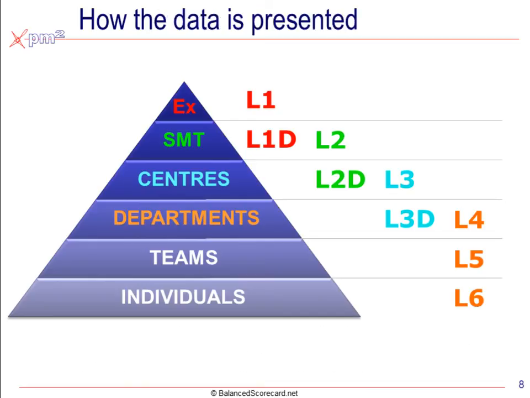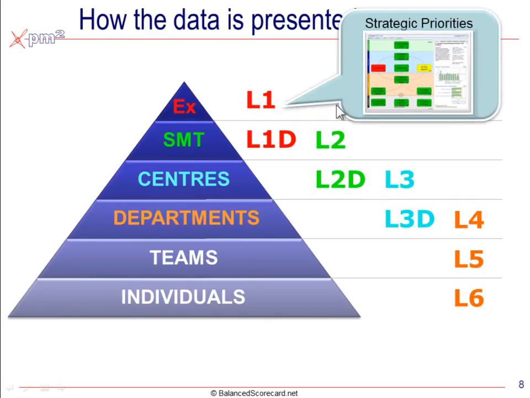The next thing to understand of 2 other principles, one is we now need to present data differently. When I'm looking at an L1 or L2 or L3, not the detail level, but the top level, I'm going to be using a strategy map telling me the strategic objectives, the cause and effect relationship, and the overall weightings. And this allows me to see how the organization or department's performing in total.